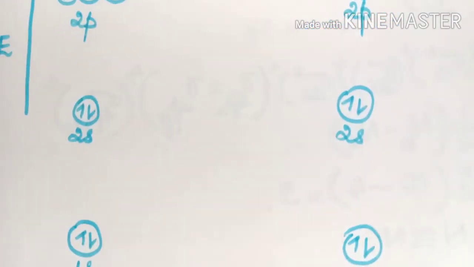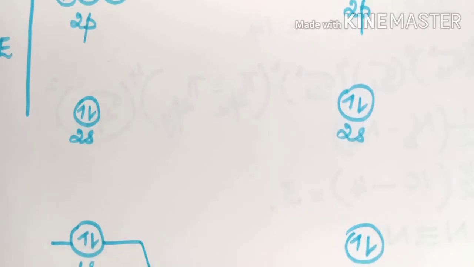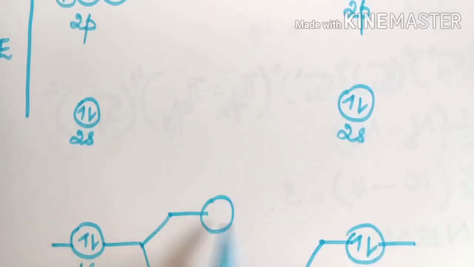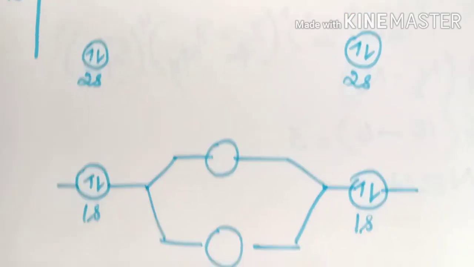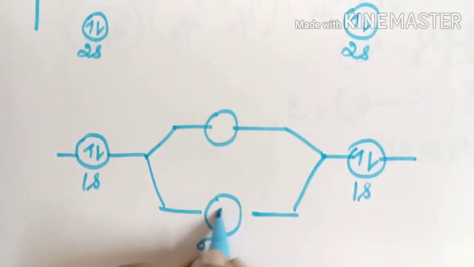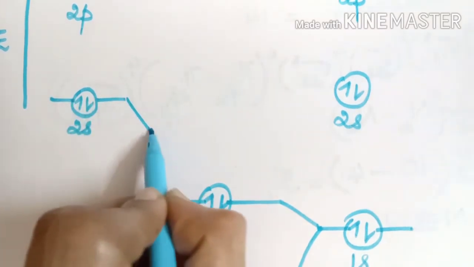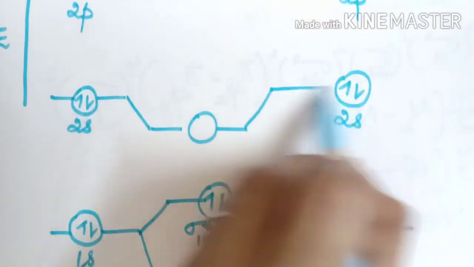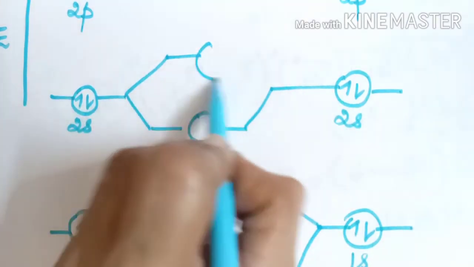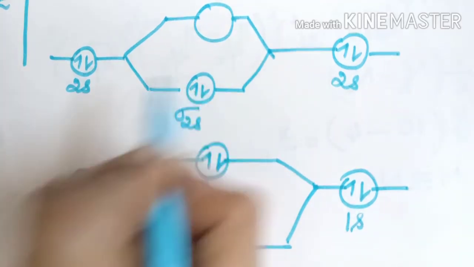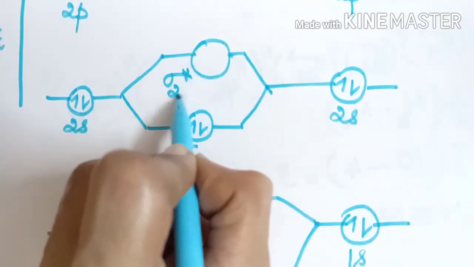Show the formation of the molecular orbital here. So we have sigma 1s2, sigma star 1s2, followed by sigma 2s2, sigma star 2s2.